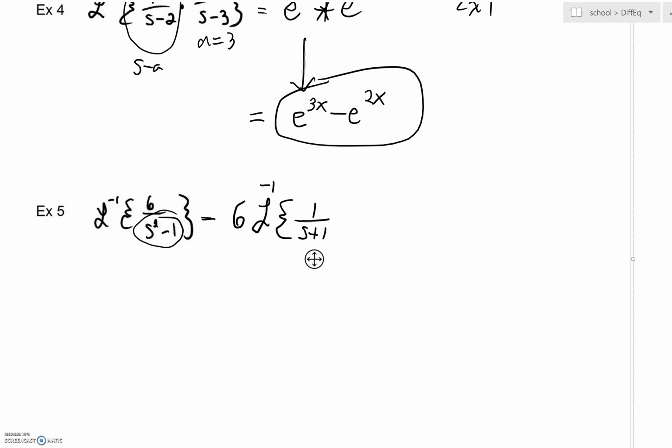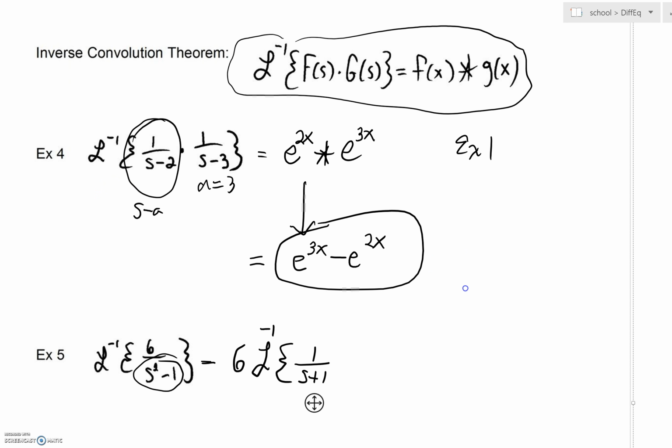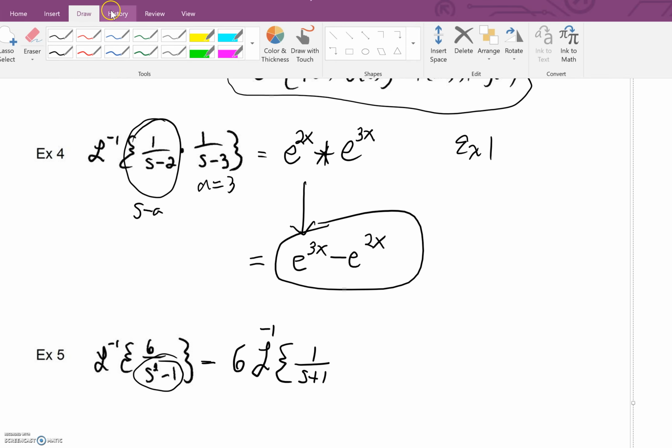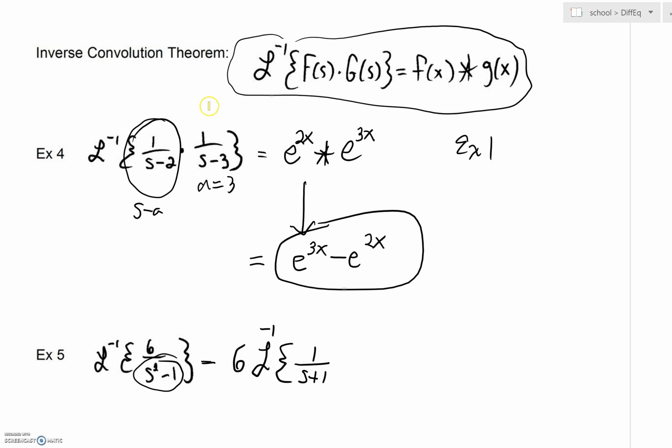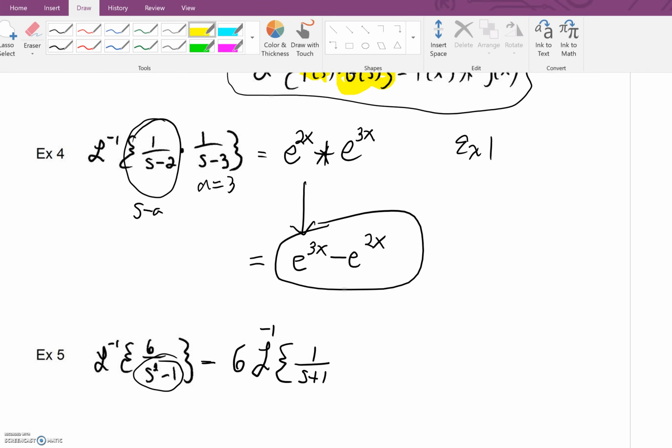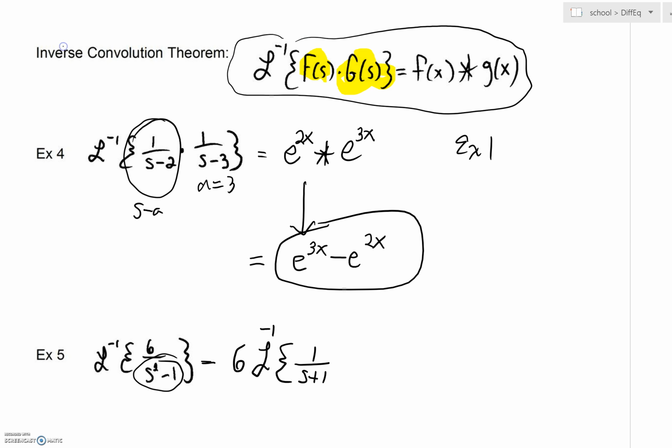Here, you can see that we can pull the 6 out, but please do remember that ultimately what we're looking for is a product of two inverses. We saw that in example 4, but I want to point out that we're looking for two functions, capital F of s and G of s.